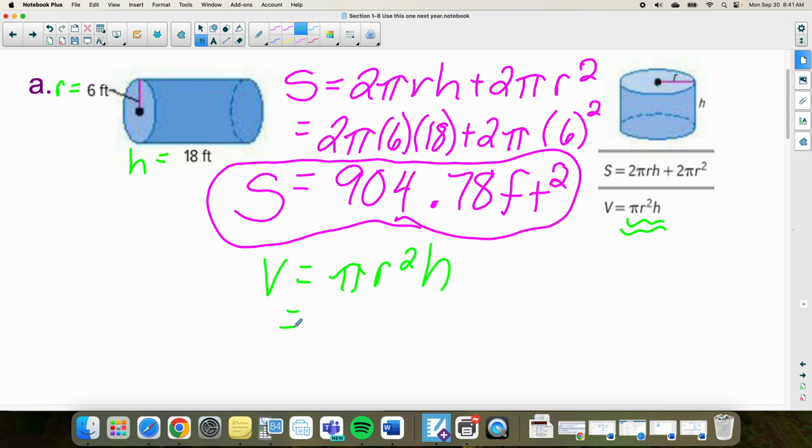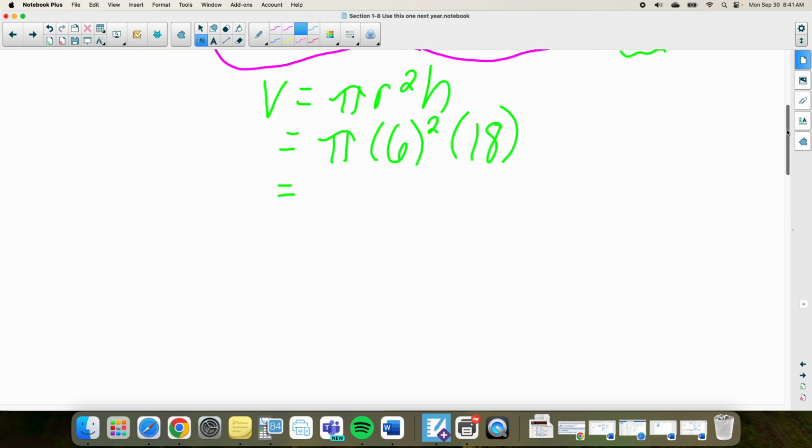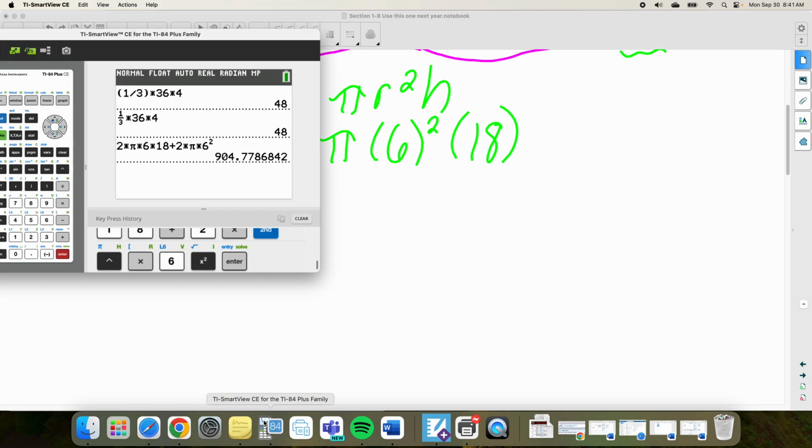So we go pi, our radius is 6 squared, and our height is 18. Now let's type that into our calculator, and we're going to do pi by going second up arrow, times 6 squared, times 18.